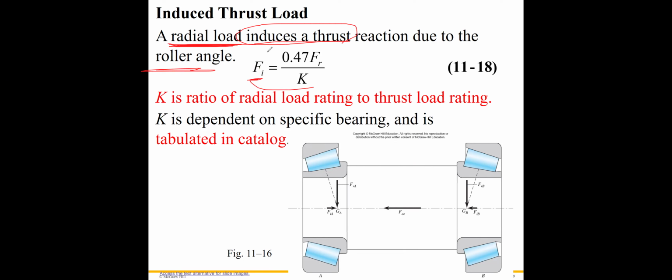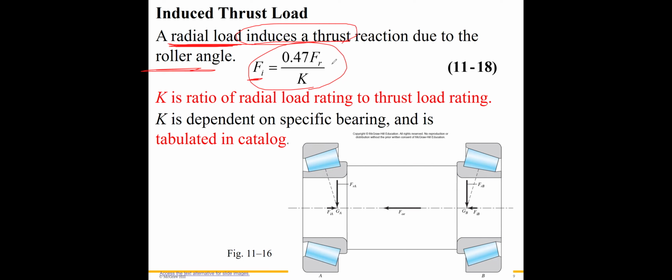This is commonly used to evaluate the induced axial load or induced thrust. Of course, it depends on the company; Timken or SKF will provide how they evaluate the induced thrust load.